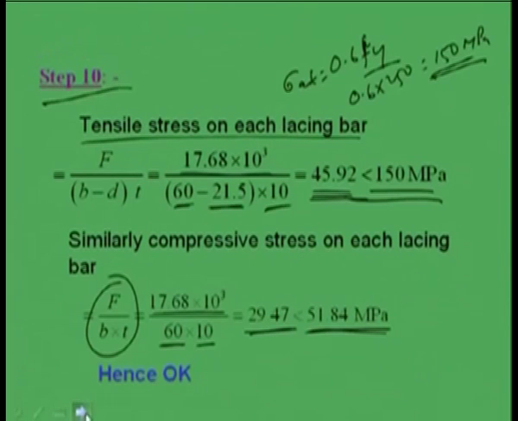The developed compressive stress is 29.47 and allowable is 51.84. So, it is okay. So, the assumed dimension is perfectly okay from all points of view, that is compressive, tensile and buckling. Okay. So, we have checked as per the code.